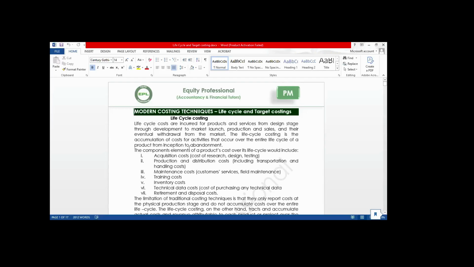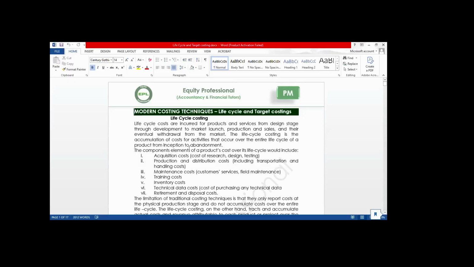Number 2 is target costing. Number 3 is activity-based costing. Number 4 is theory of constraints and throughput accounting.